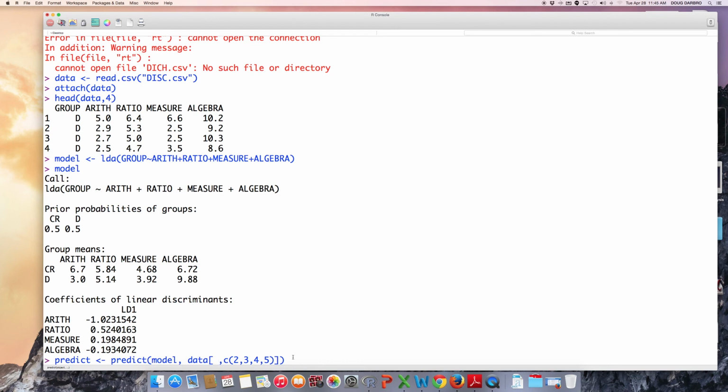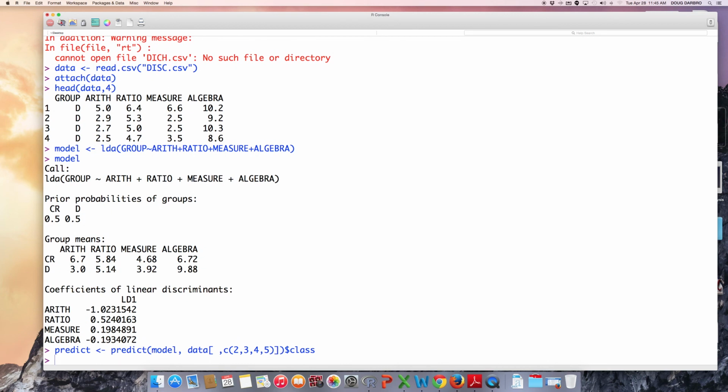So I want to isolate those. Okay? Now the next thing I do outside the parentheses is $class because I want to predict group membership. Right?